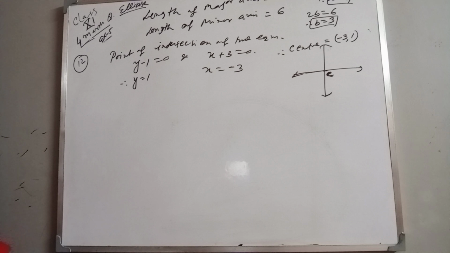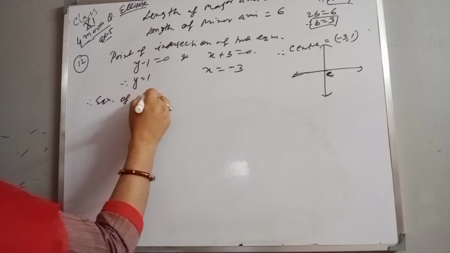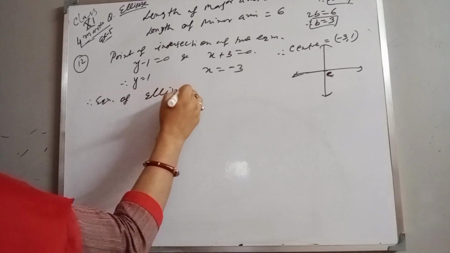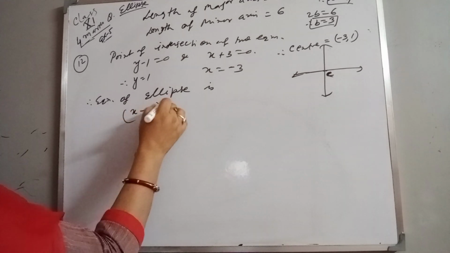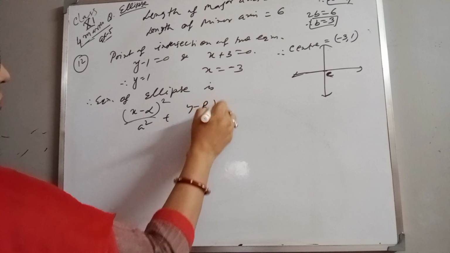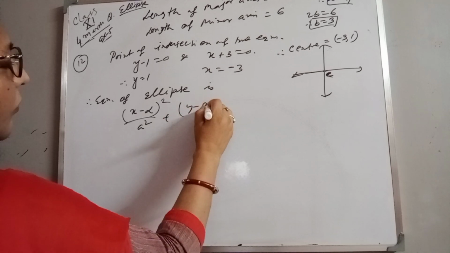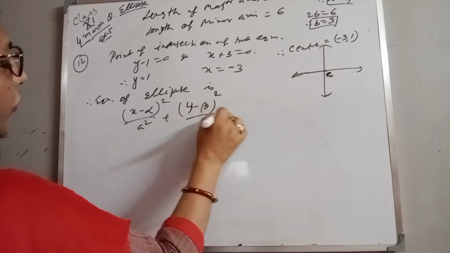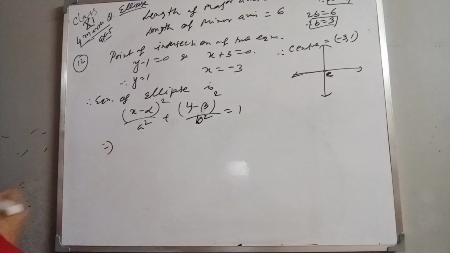Now the equation of the ellipse will be what? It is x minus alpha whole square by a square plus y minus beta whole square by b square is equal to 1.